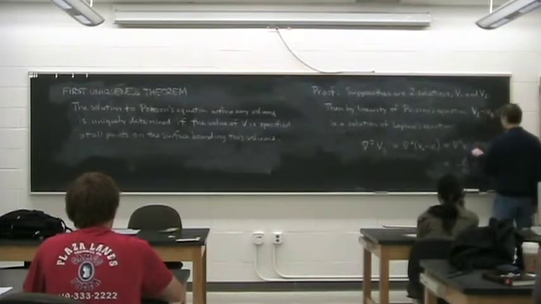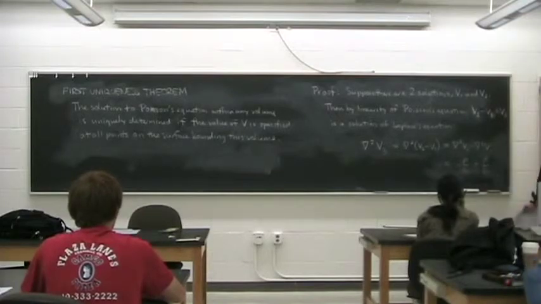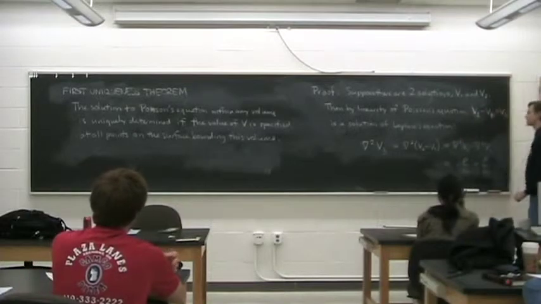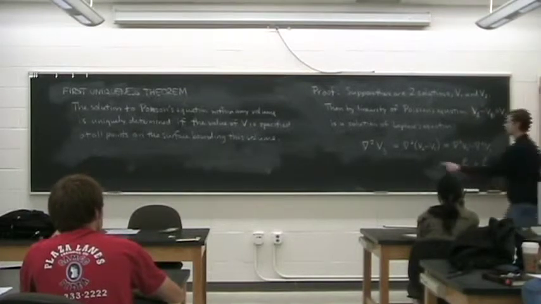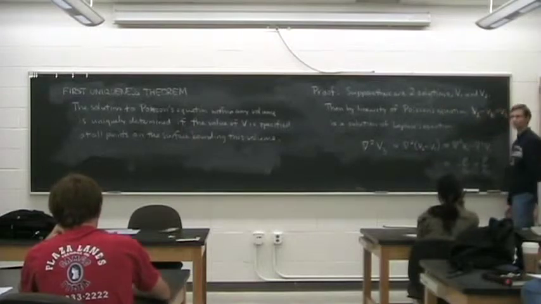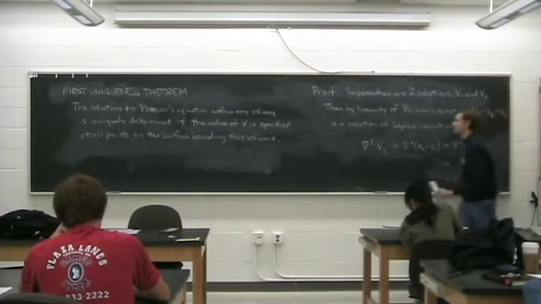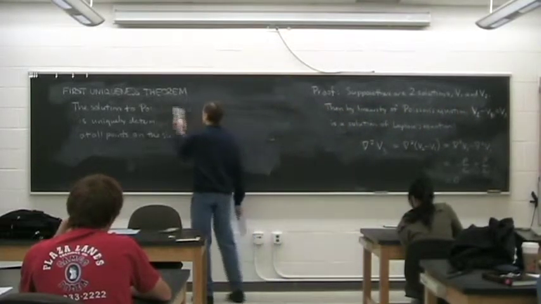And since we're taking minus grad squared v1, that brings in plus rho over epsilon naught. And so those add up to 0. So v3 is a solution of Laplace's equation. Grad squared v3 is equal to 0 at every point in space. So the difference of two solutions of Poisson's equation would have to be a solution of Laplace's equation.